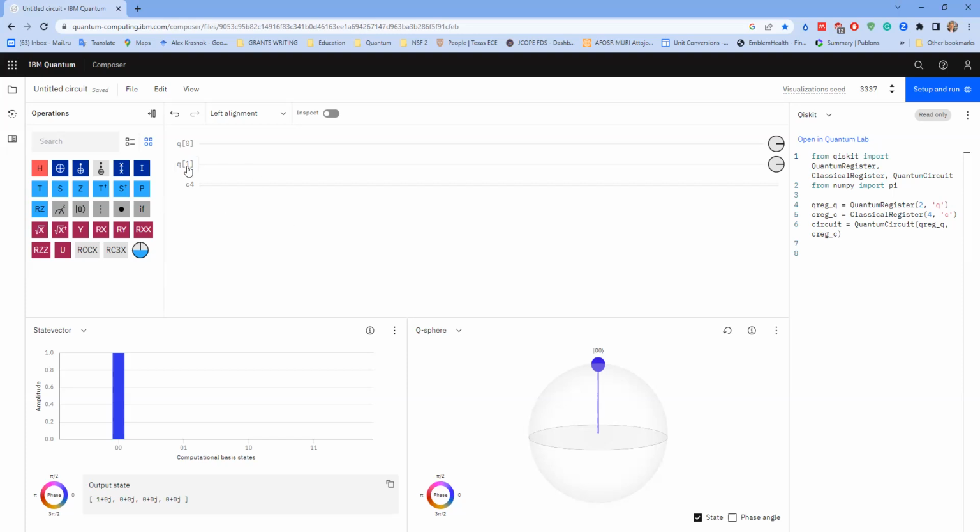Since we are now concerned with a single qubit state, let's remove 1 qubit from this picture. By default, this qubit is prepared in the state 0.